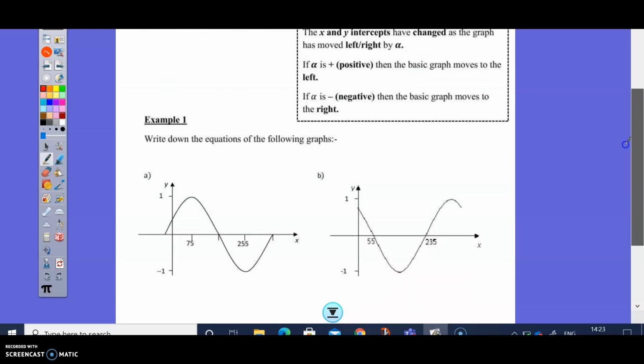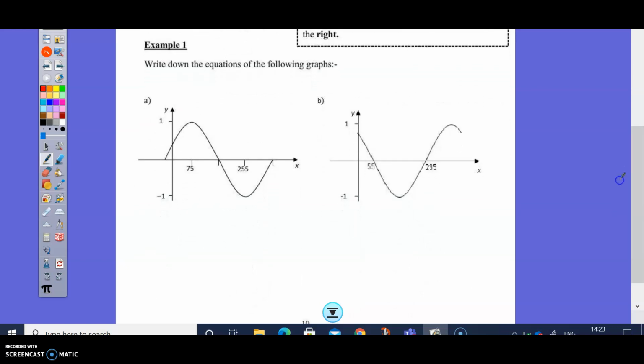So if we have a look at some graphs, this one here is a sine graph. A sine graph would normally start here at 0, go up to 1, cross here, round, and finish at 360. So this whole graph has been picked up and shifted this way, and we need to know how far. Our normal sine graph would be at a maximum at 90 degrees.